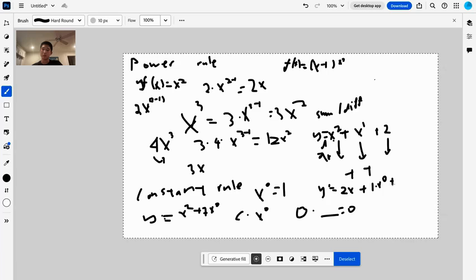And then 2 times x to the 0. We don't even need to calculate the rest because 0 times anything is just 0. So when you're adding this, you can negate it. And so we get y prime of this equals 2x plus 1.